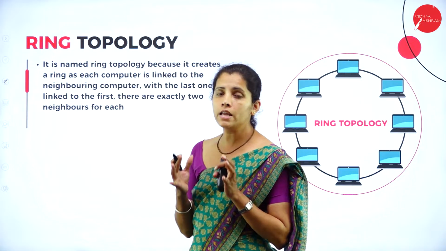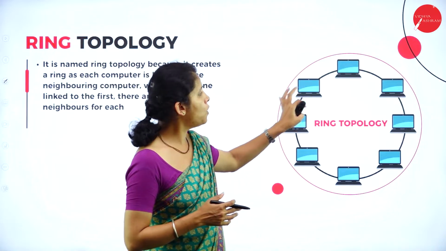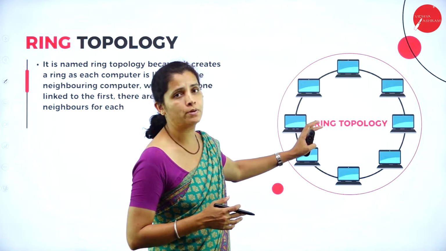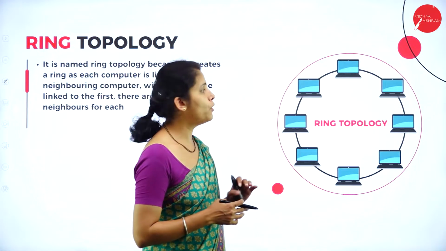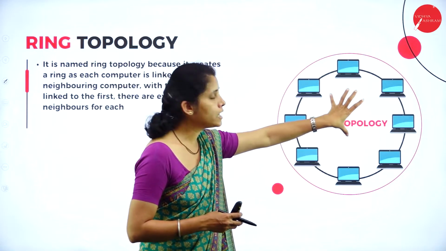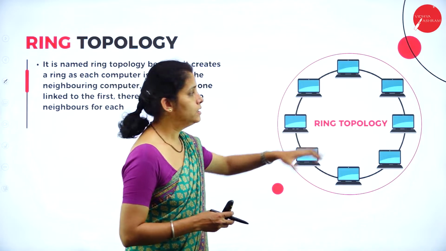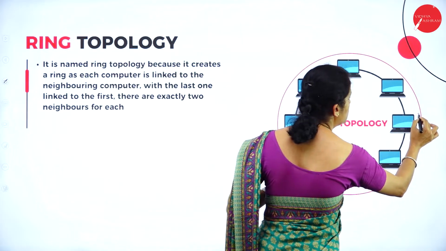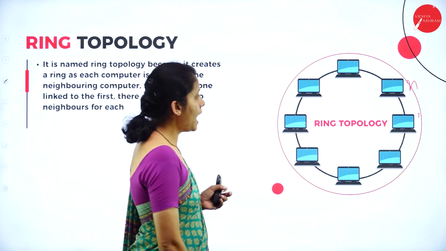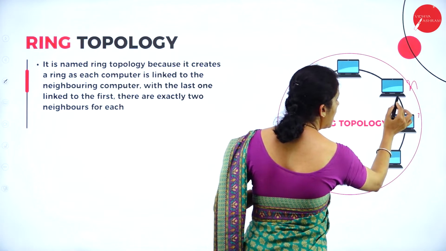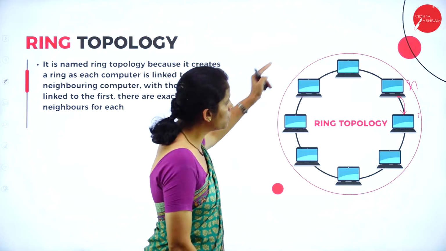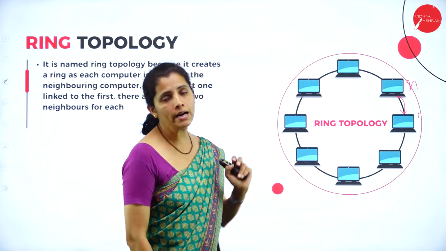As the name itself indicates, all the devices are connected in round shape, so it is known as ring topology. If I consider this example, all the devices are connected like a ring. If this is my first node and this is my last, the nth node, I want to connect my last node to the first node, and all the data are going to travel in only one direction.